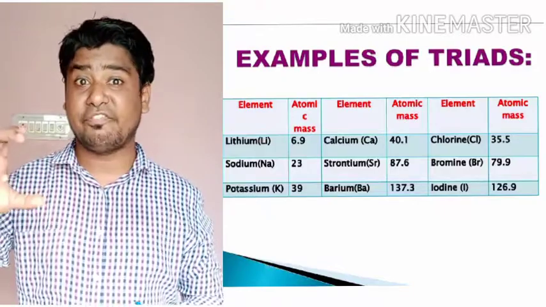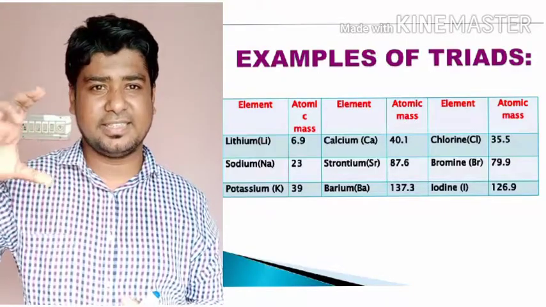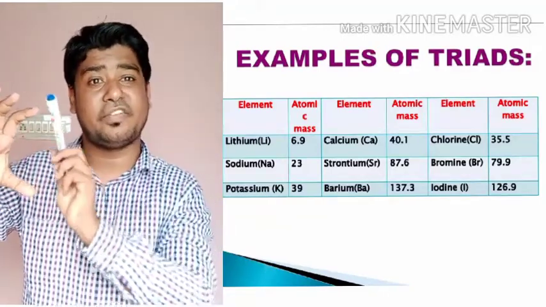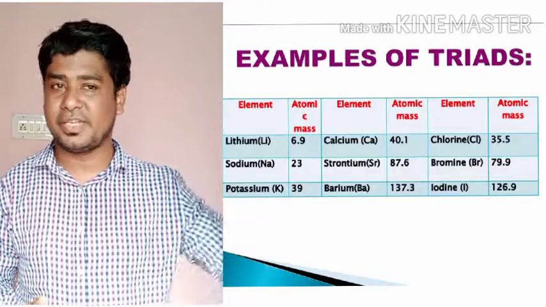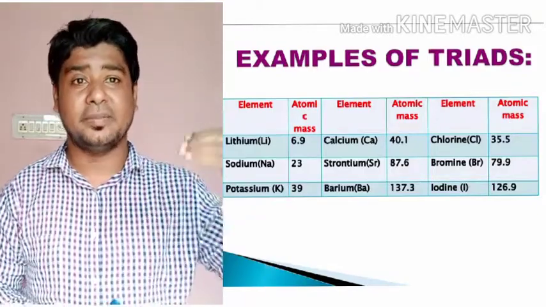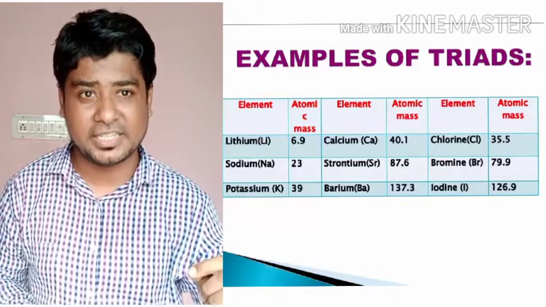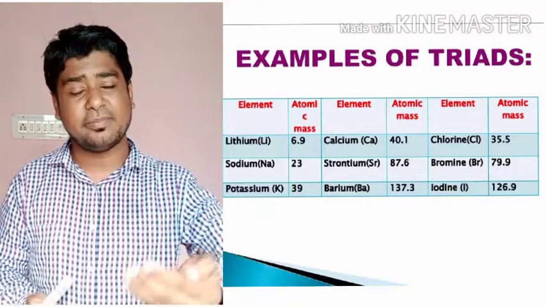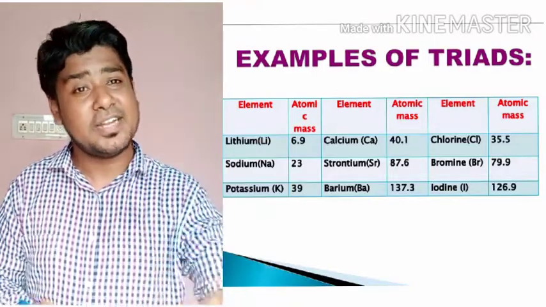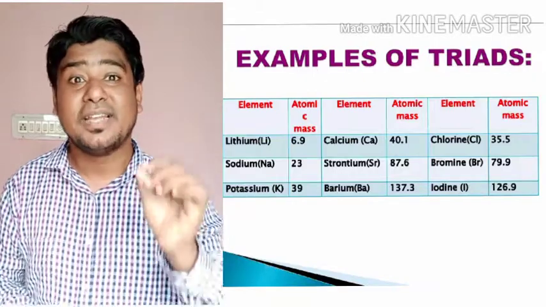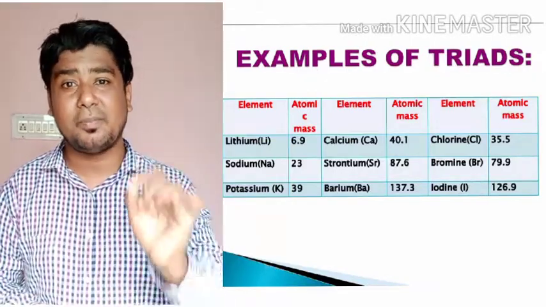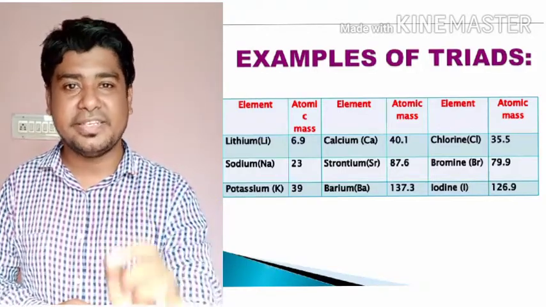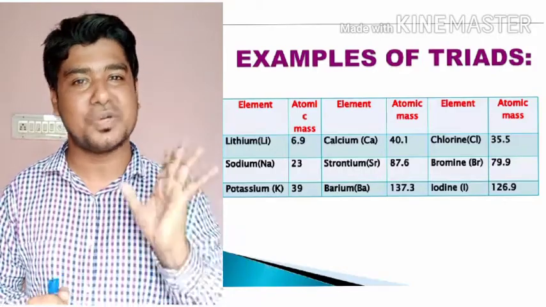So how did he define the triad? What he says is, when we add the atomic mass of the first and the last element, in lithium, sodium and potassium, the atomic mass of lithium and potassium added and then divided by 2, in simple words the average atomic mass of lithium and potassium, will be nearly equal to the atomic mass of sodium.